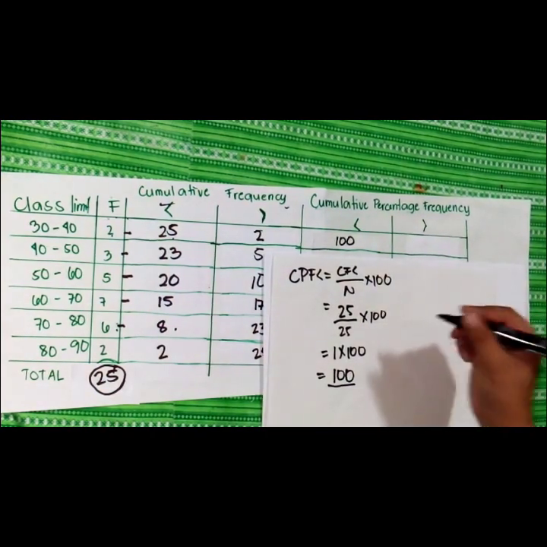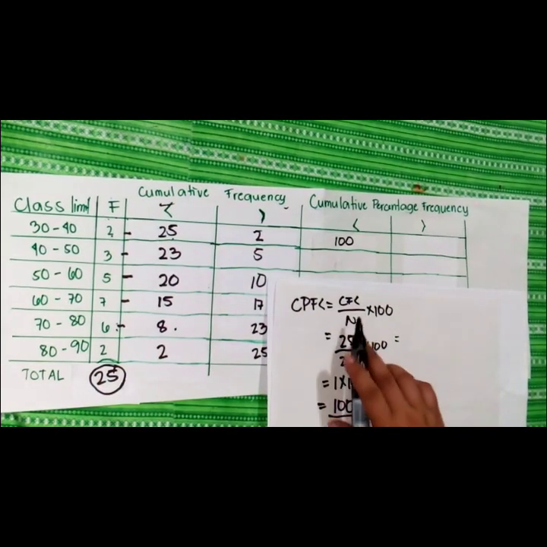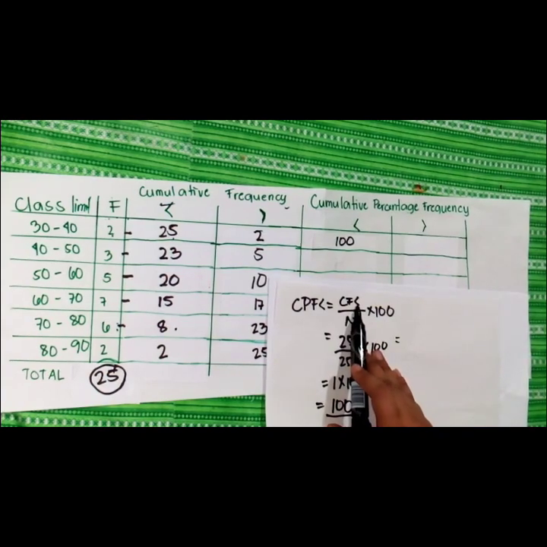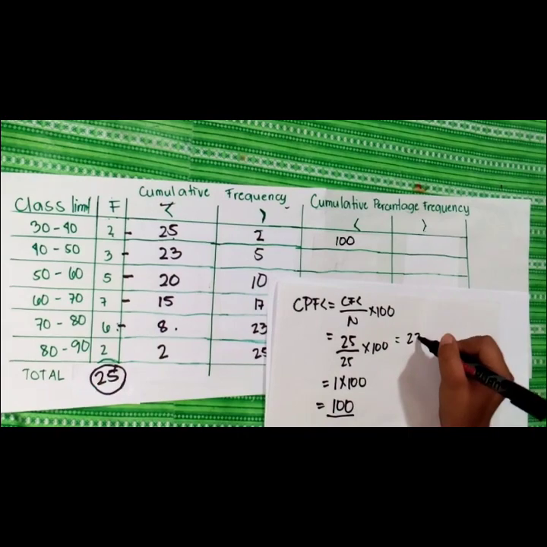Here is another example, so that you can understand how to compute the cumulative percentage frequency lesser than. In our second row, we have a cumulative frequency of 23, so we write 23.